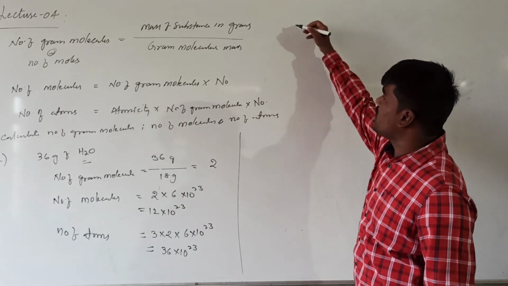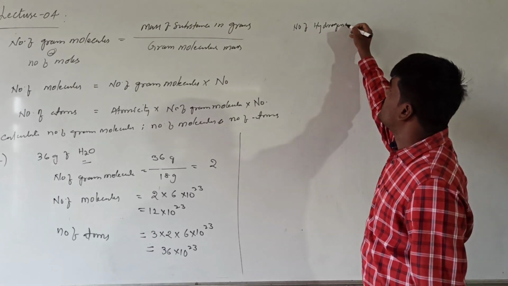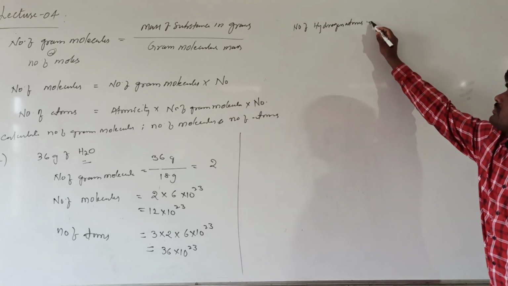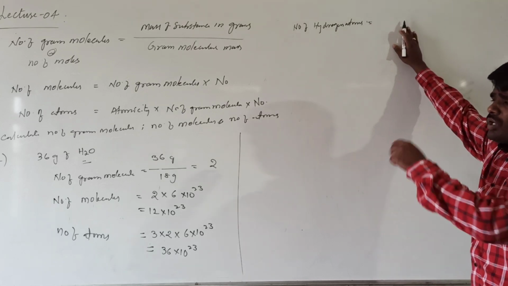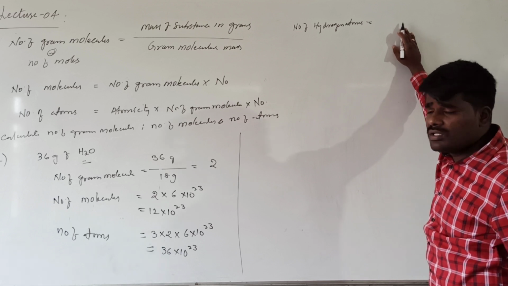Suppose you want to calculate the number of hydrogen atoms. What is the formula? One molecule of water contains how many hydrogen atoms? 2 hydrogen atoms.